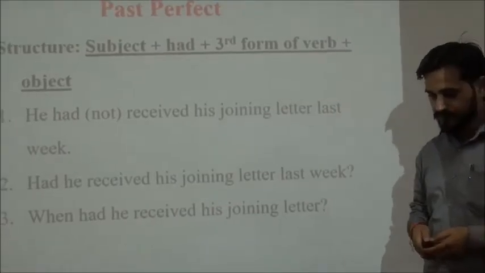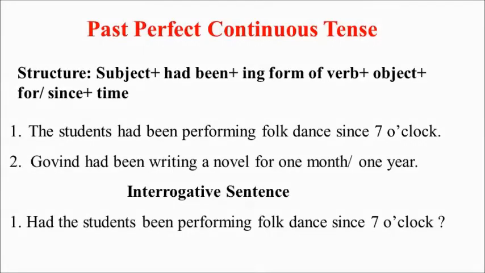Now, the next slide is the past perfect continuous tense. Why is it past perfect continuous tense? There is perfection, there is also continuation. It means a task or action was started but it was not completed then. It was also continued there. So the sense of continuation is there, though the task was started, the sense of completion is not there.